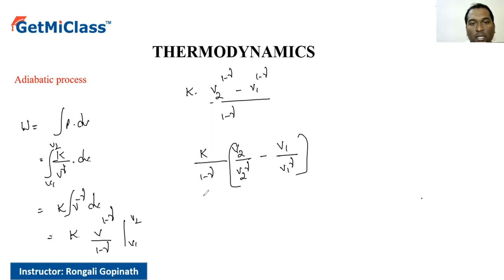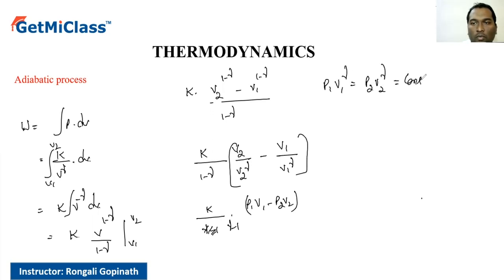Or it can also be written as K by (gamma minus 1) into P1 V1 minus P2 V2, because P1 V1^gamma is equal to P2 V2^gamma, which is equal to the constant, that is K. Based on this, I can write down this relation.